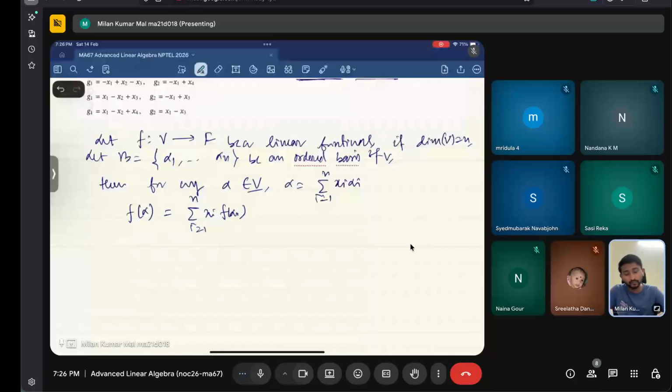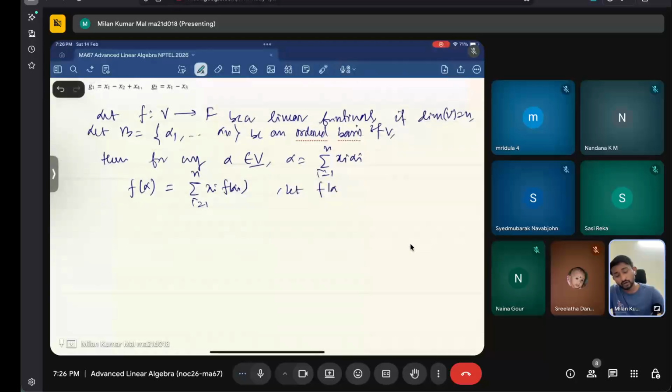So let f of alpha i equal ci for i equals 1 to n. Now this can be written as the sum of ci xi.